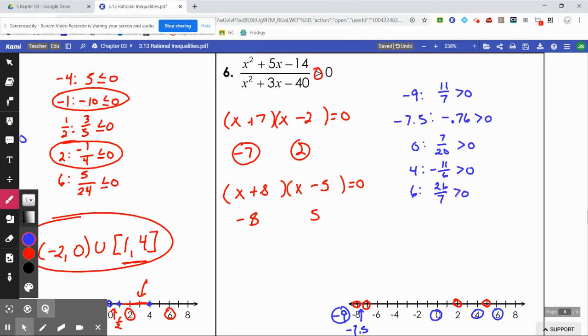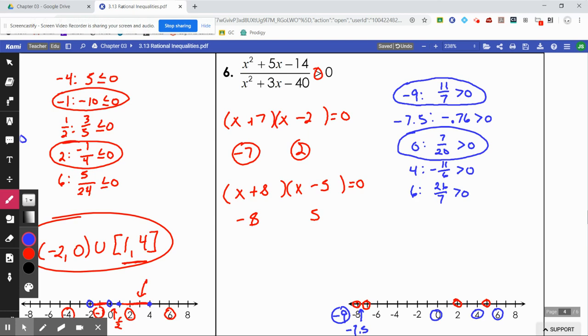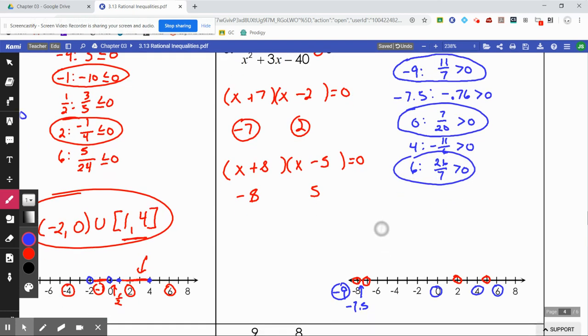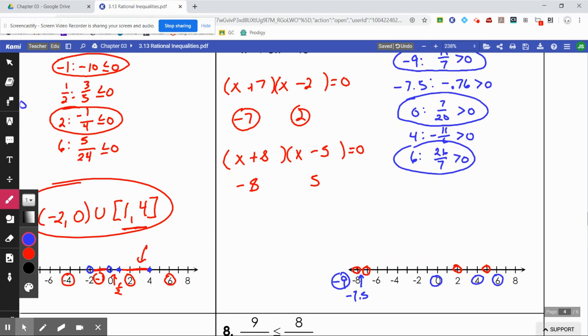Okay, here's our conclusion. Negative 9 is a solution because 11/7 is positive. 0 is a solution because 7/20 is positive, and 6 is a solution because 26/7 is positive. So therefore, my solutions are where negative 9 is, so over here, where 0 is, which is this region, and where 6 is, which is this region to infinity.